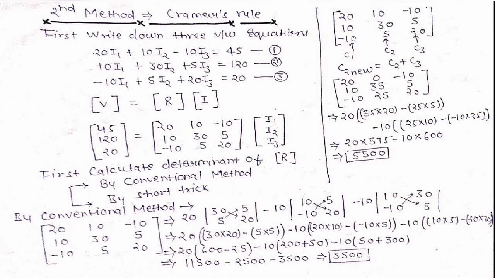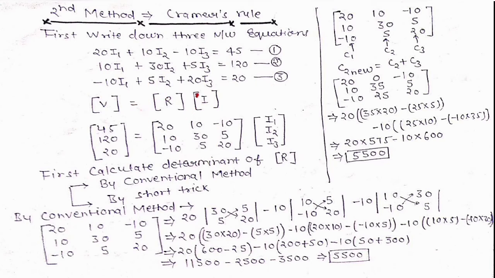So here the first is positive 20, and the remaining is 35, 5, 20. We write it down here and make it a determinant. Then the second one is minus 10, because it is plus minus plus, we write it down like this: minus 10.